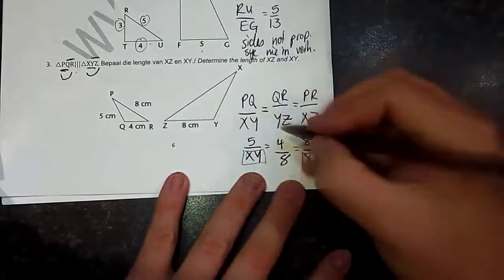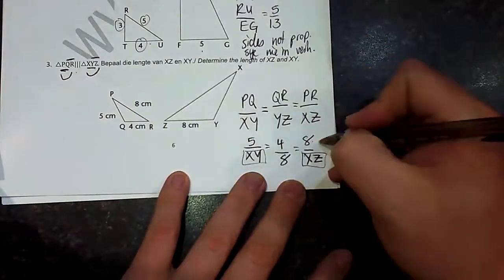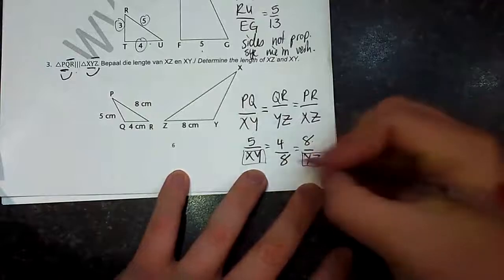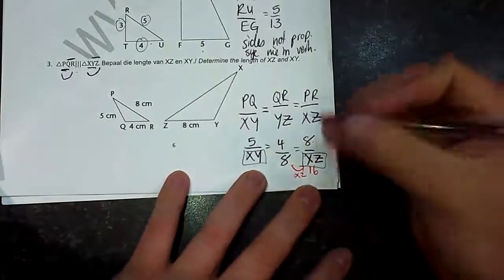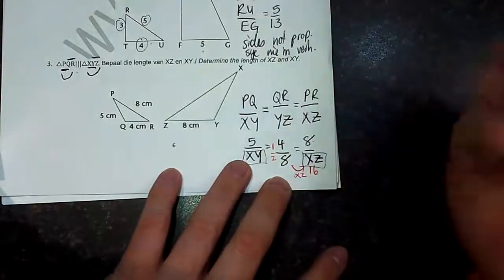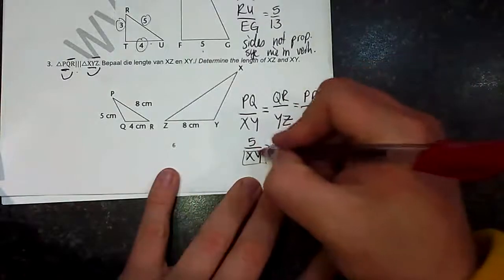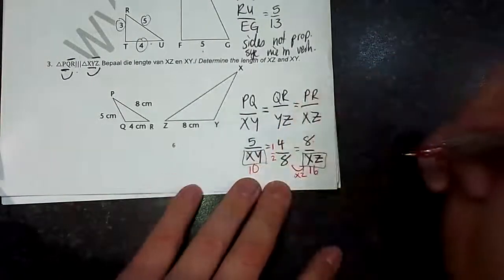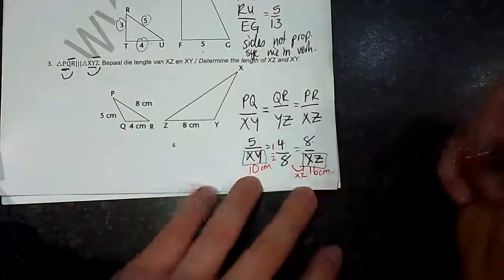Okay, how did the 4 go to 8? It doubled. So XZ must be double 8. So XZ must be 16 times 2. Okay, so 4 over 8 is definitely a half, right? Agree? Dis mos die helfte. So 5 is die helfte van wat? 5 is a half of what? Must be 10. Okay, centimeters, centimeters. Sharp, sharp.